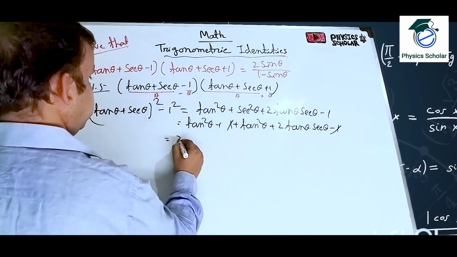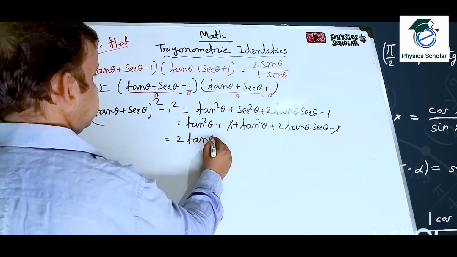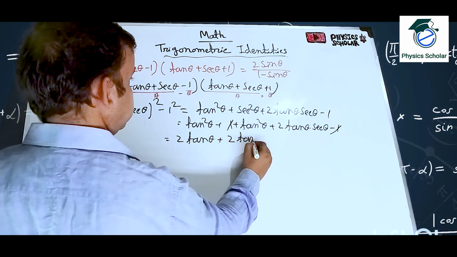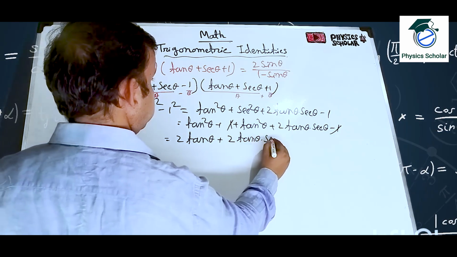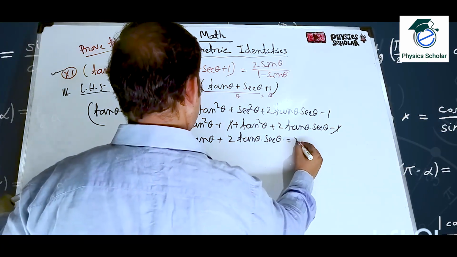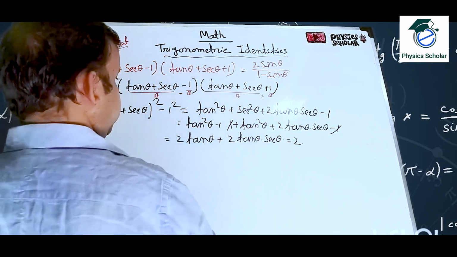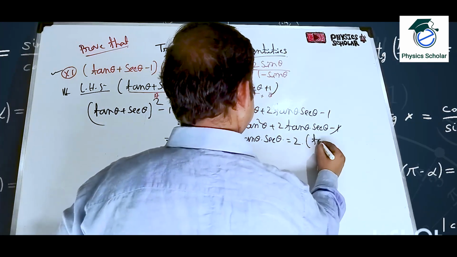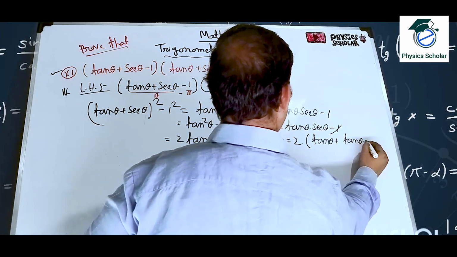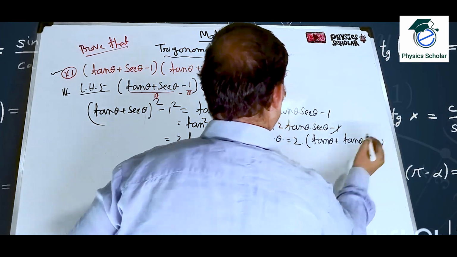So it is 2 tan square theta plus 2 tan theta into sec theta. Okay, 2 common, then what is that? Tan theta plus tan theta into sec theta.